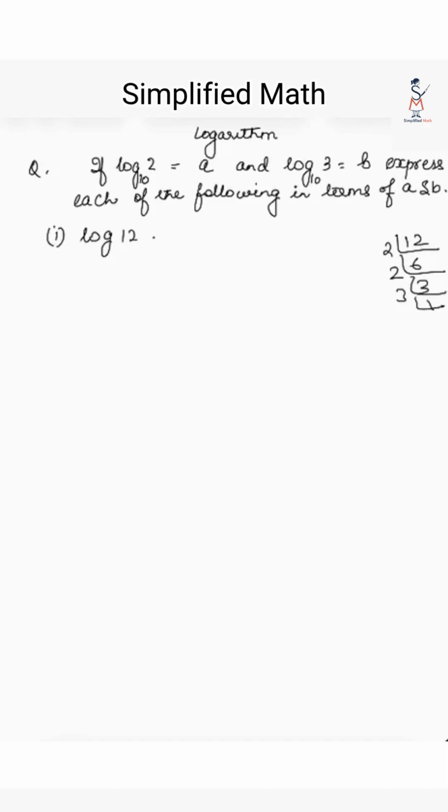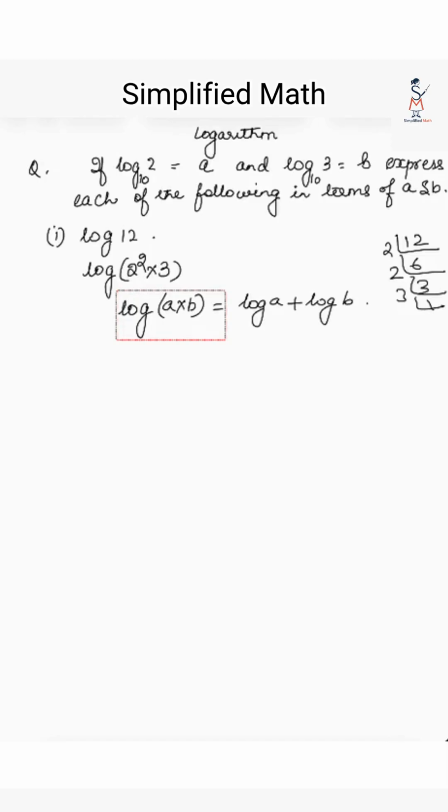So 12 can be written as 2 square into 3. Right? Fine. So instead of 12, we can write 2 square into 3. Now what we know? We know the rule of log, that is log a into b is log a plus log b.